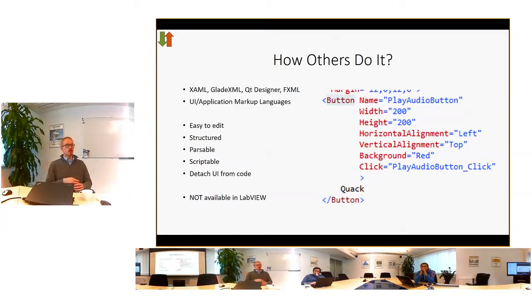If Python is using something like this, then you can completely detach the way code is working from the user interface. However, this was not available in LabVIEW. We didn't have any kind of tool that would allow you to easily work with it, or we had tools, but they were limited in a sense.